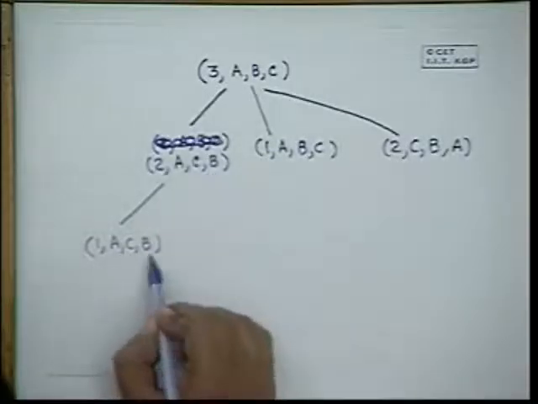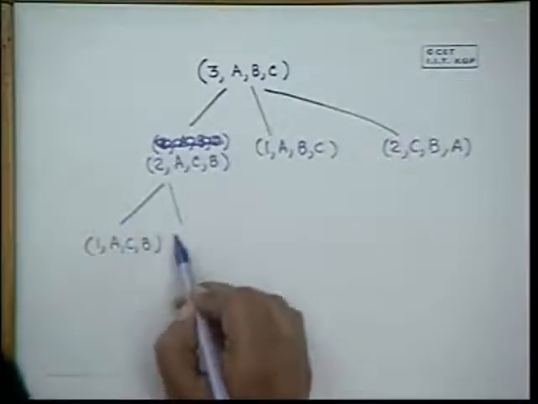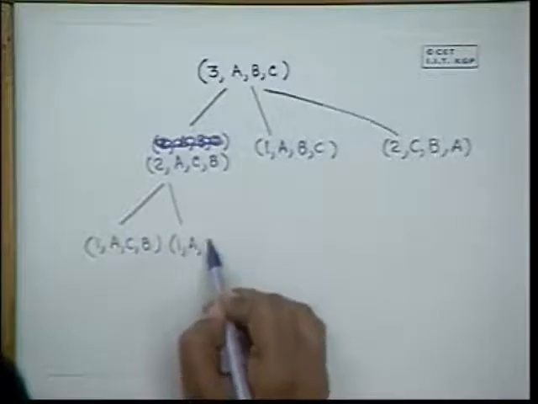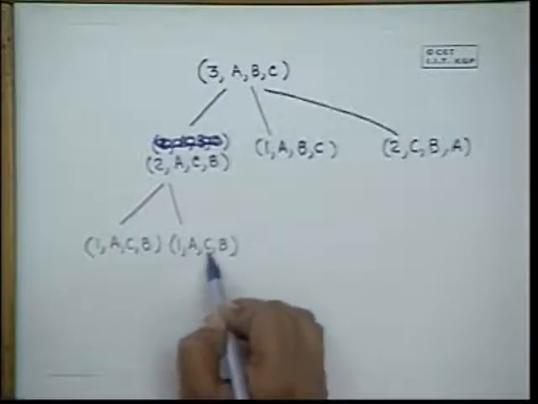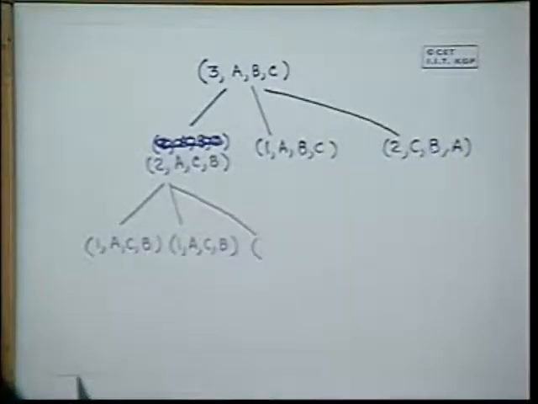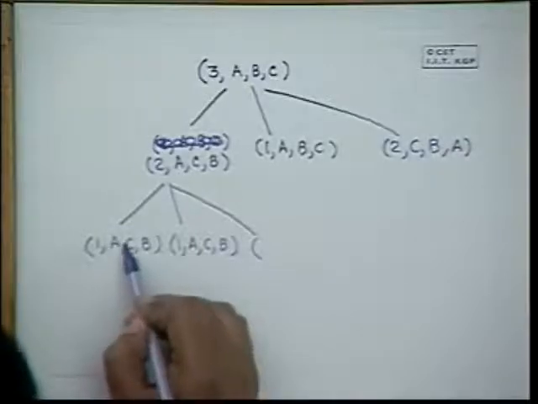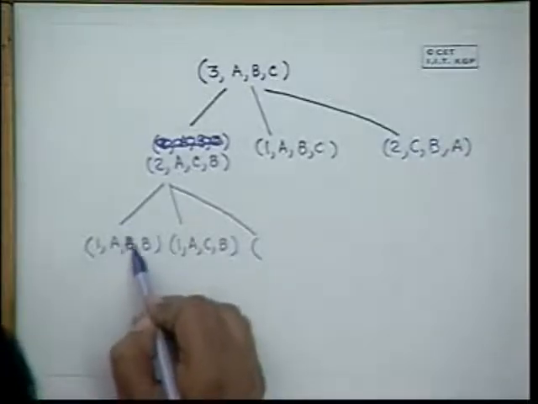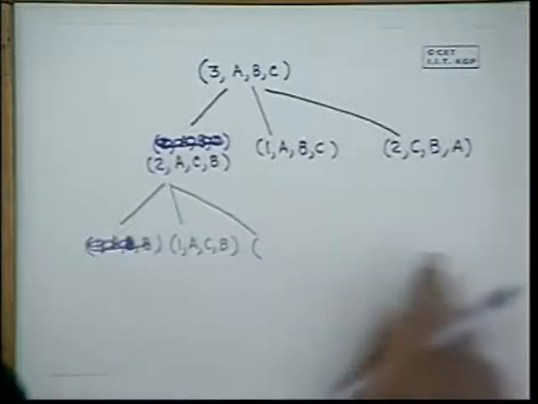So from to via, 1A, C, B, from to, okay. Sorry, this will be something else. Yeah. Let's do it all over again.